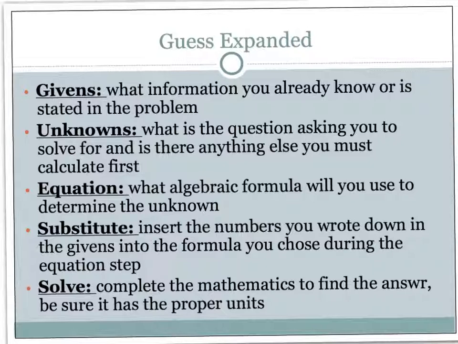The third step is usually the trickiest step, the equations. As you've seen in the handouts you've been given, you have several pages with lists and lists of equations. How do you ever know which one to use? Well, it's kind of like picking your shoes when you get dressed in the morning. You take your givens.